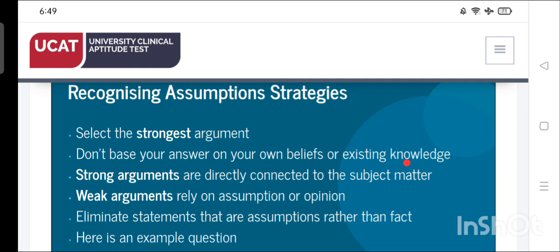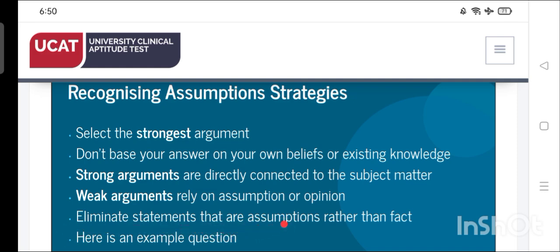That's how you can choose the strongest argument or the right answer. You don't need to base your answer on your beliefs or your existing knowledge. You just have to choose the strongest argument. No belief needed, no existing knowledge needed in these types of questions. Strongest arguments are directly connected to the subject matter. Weak arguments rely on assumption or opinion.